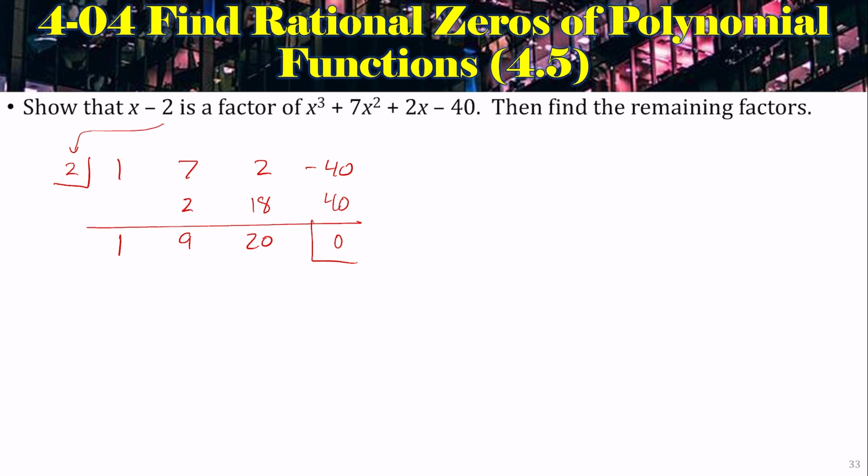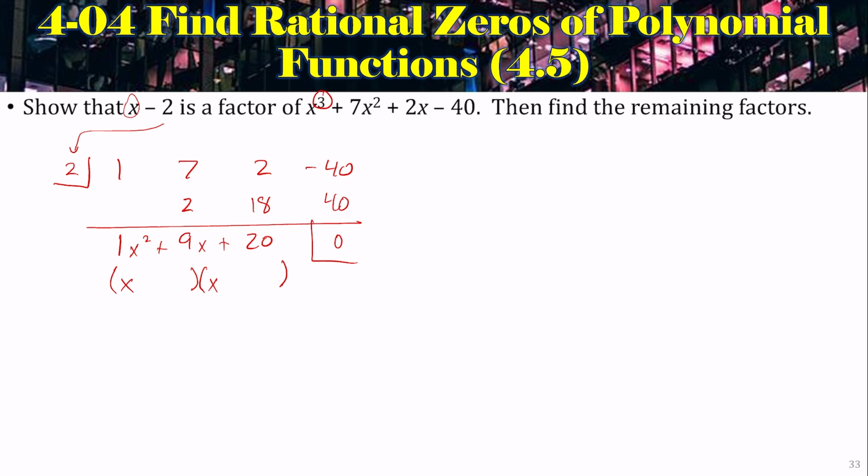Now we have our depressed polynomial. It was x cubed. We divided by x, so now it's x squared plus 9x plus 20, which we could maybe factor. It is quadratic. If it was not quadratic, we'd use that depressed polynomial, that result, with our next factor to keep making it smaller until it is quadratic.